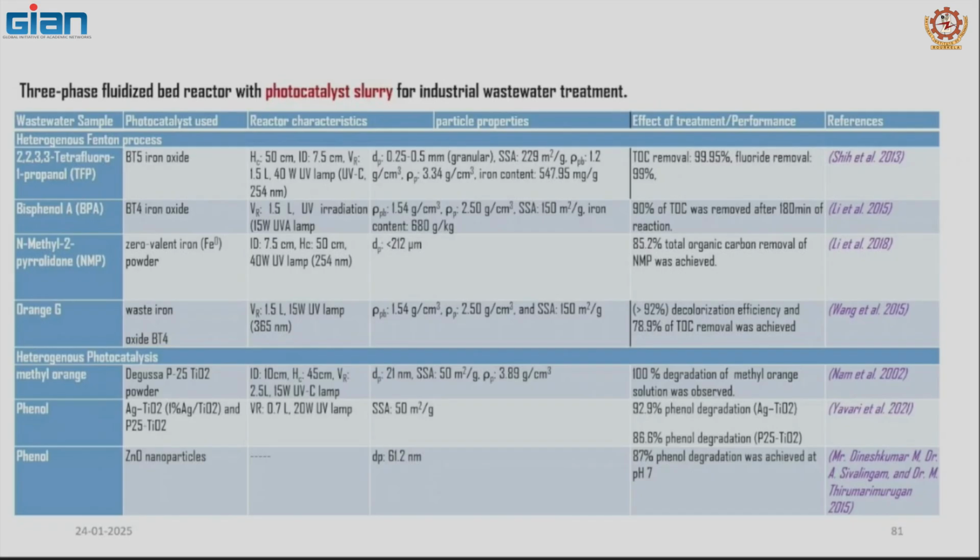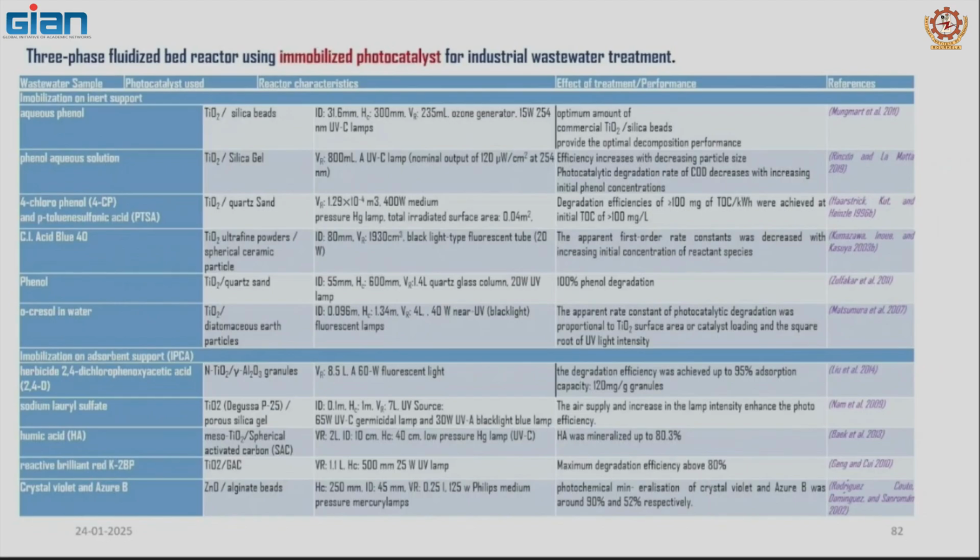Different types of chemicals and contaminants have been treated: propanol, bisphenol A, methyl orange, phenol, etc. Similarly, the three-phase fluidized bed reactor using immobilized photocatalyst for industrial wastewater treatment is listed here.